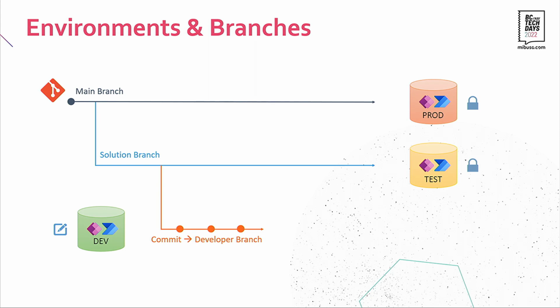You know, I have a lot of repositories, and I have a lot of environments. And to give you a brief overview of how the branching model for Power Platform belongs to the environments, here is a short overview. The main branch is still related to the target environment, the production environment.